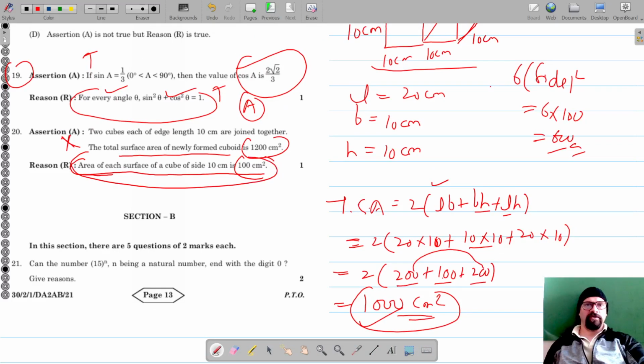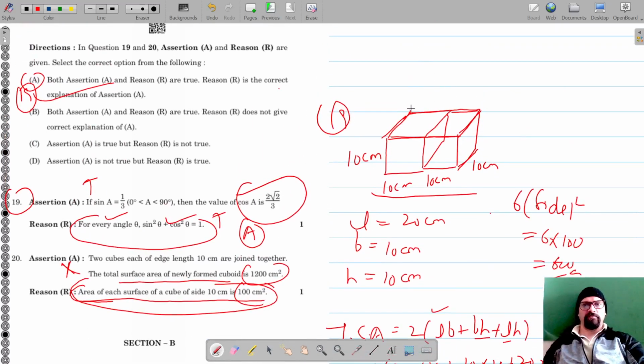Now area of each surface of the cube. Each surface of the cube is a square, and area of the square is 10 into 10, that is equal to 100 centimeters square. So the assertion is not true, but reason R is true.